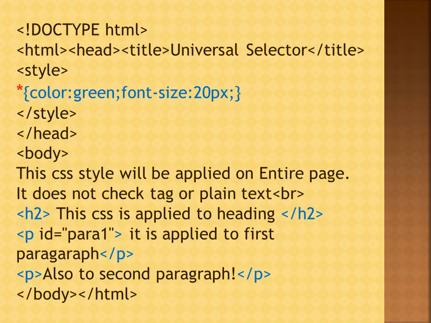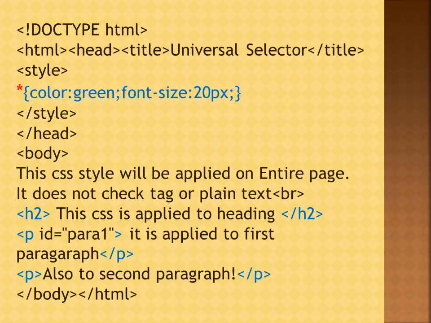Here in this program, first document type HTML, then head, and your web page title is universal selector. Then we apply style on those elements. So write the style tag and use this style tag in between the head tag.